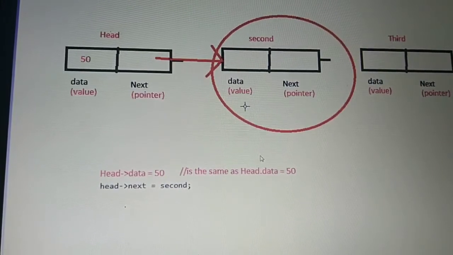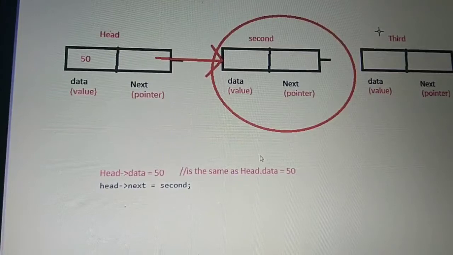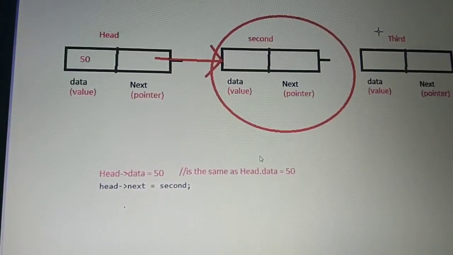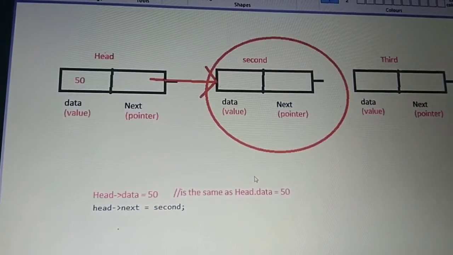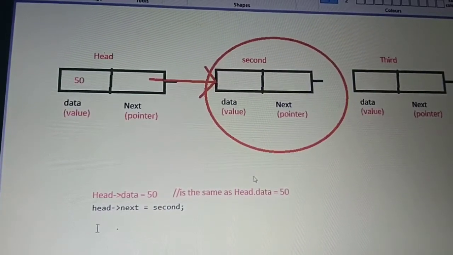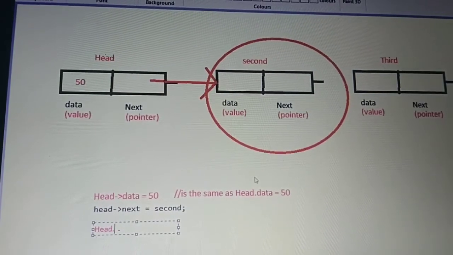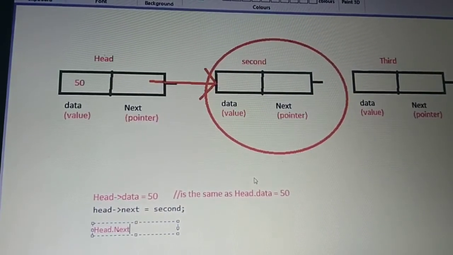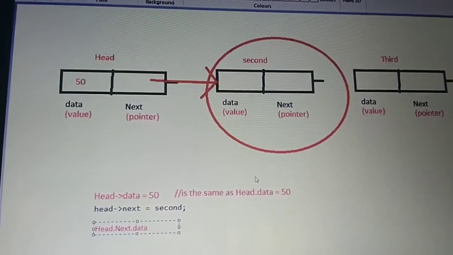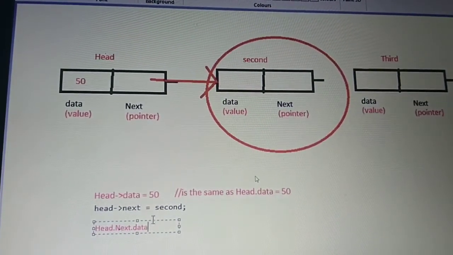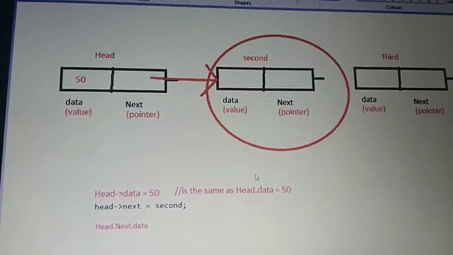I just need to point out something that I'm sure your professor will bring in an exam. You're probably going to see something like this: head dot next dot data. What does that mean? When we reach that point, just give me a minute.